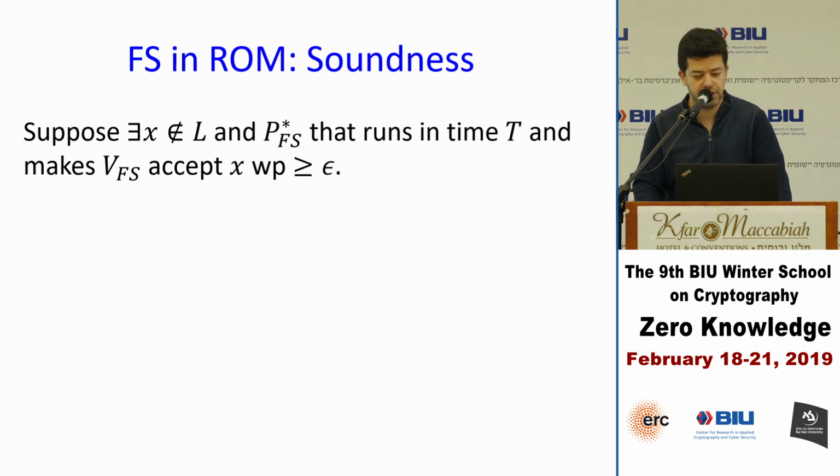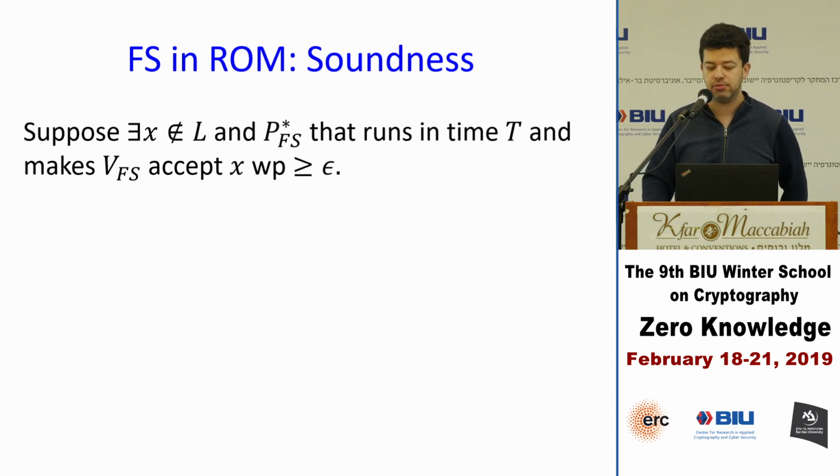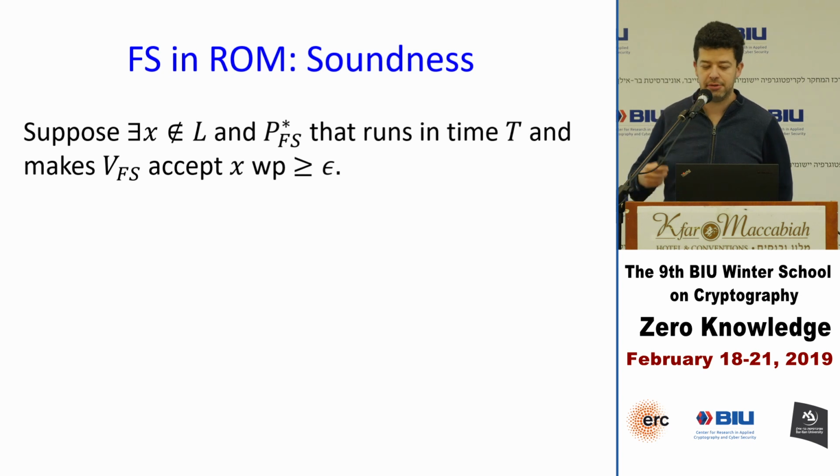So we're going to do it by reduction. Let's assume that there exists some x that's not in the language, a false input, and some cheating prover for the compiled protocol. Let's say the prover runs in some polynomial time t, and it makes our Fiat-Shamir verifier accept with some noticeable probability epsilon.